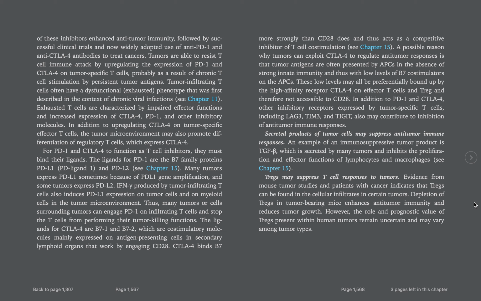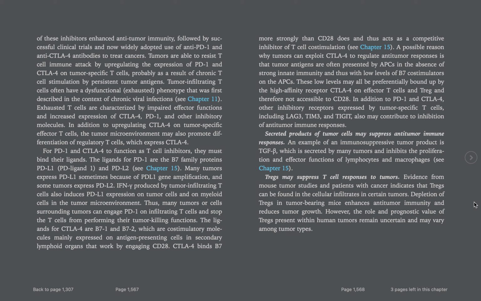Interferon gamma produced by tumor-infiltrating T cells also induces PD ligand expression on tumor cells and on the myeloid cells in the tumor microenvironment. Thus, many tumor cells or cells surrounding the tumor can engage PD1 on infiltrating T cells and stop the T cells from performing their tumor killing function.